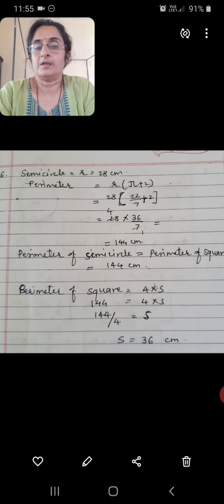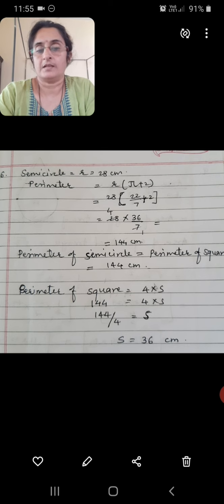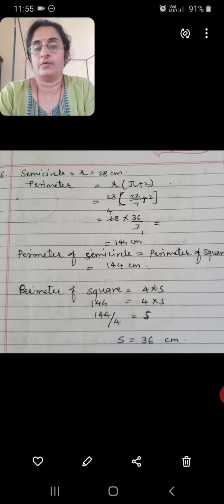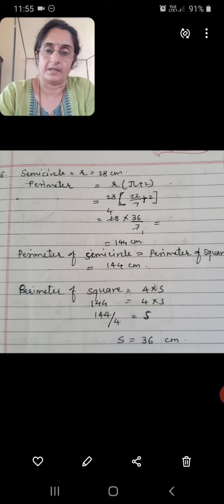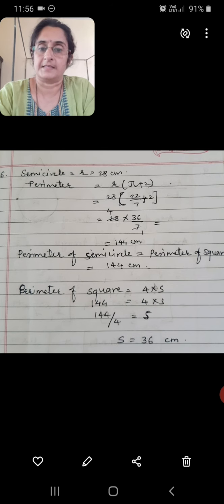So use that in the formula of perimeter of a square. Perimeter of a square 144 is equal to 4 into s. So 4 is going to divide 144. Side will be 36 centimeters. So when you bend the wire in the form of a square, the side of that square will be 36 centimeter.